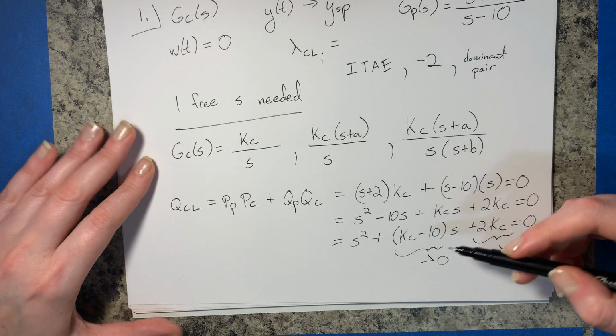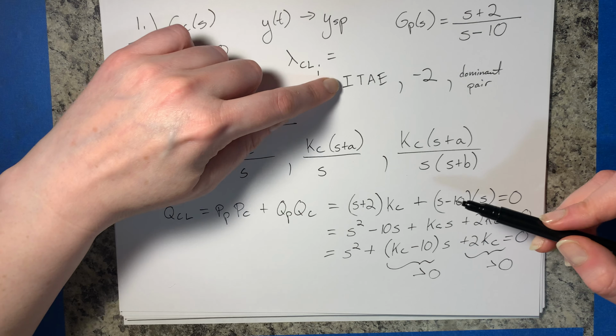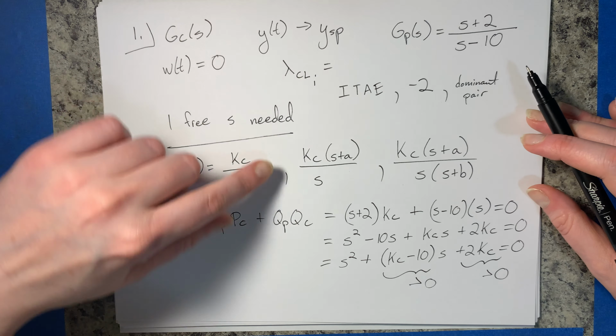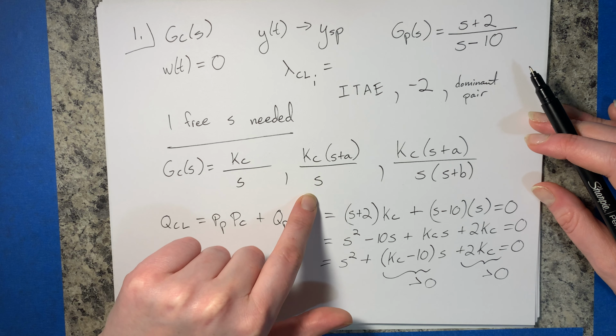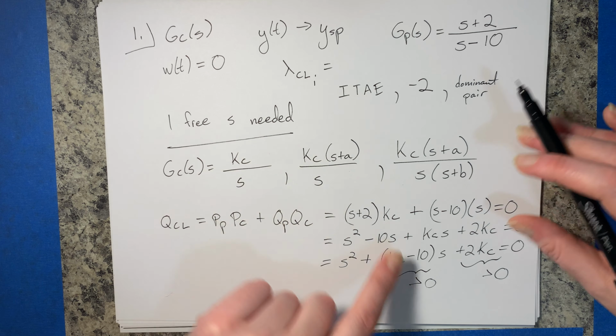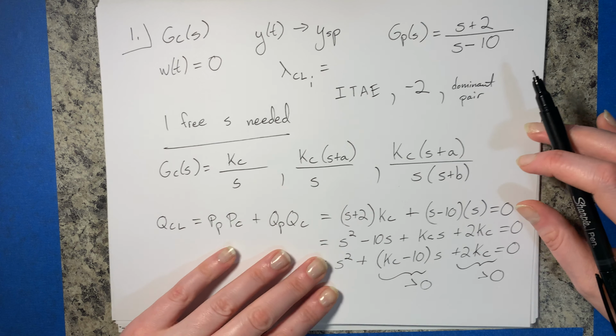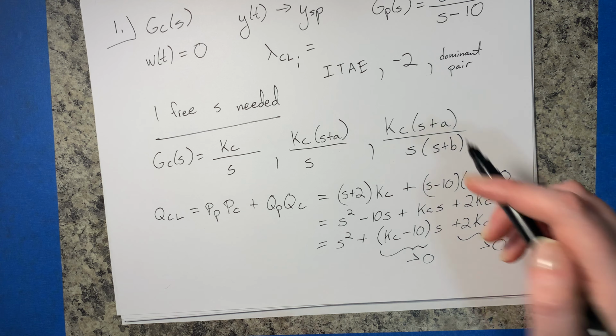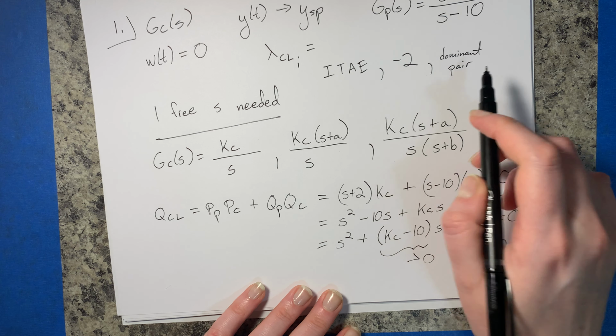It also depends: if I wanted to do ITAE, I may be somewhat limited. I may have to advance up to a different design to have more control over this equation. But if I just wanted to satisfy this equation and the necessary and sufficient conditions, I can do that.